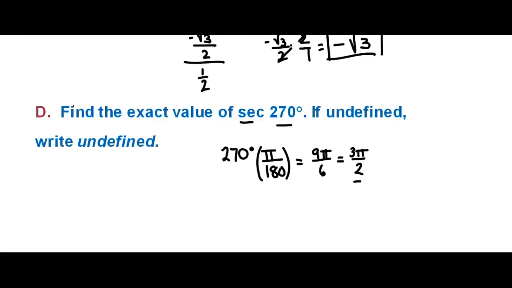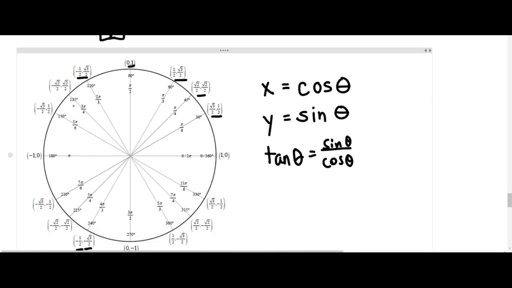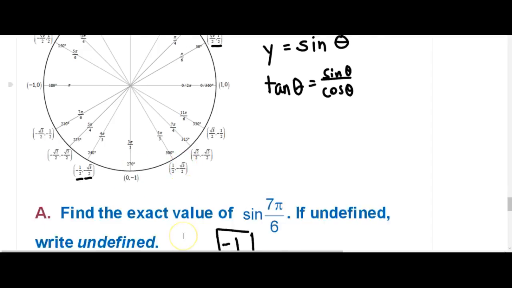We're trying to find the secant, so let's figure out the cosine of 3 pi over 2. So we have 3 pi over 2 down here. The cosine is x, which is 0.